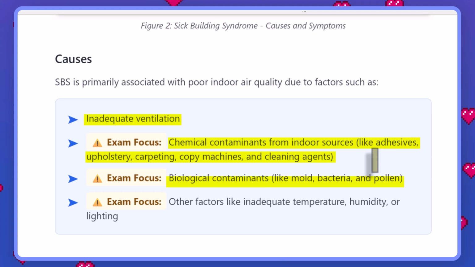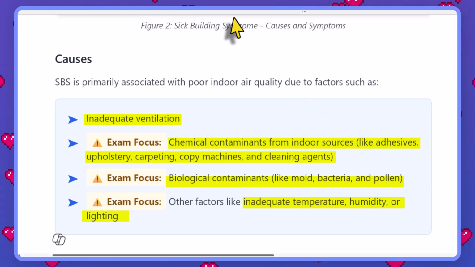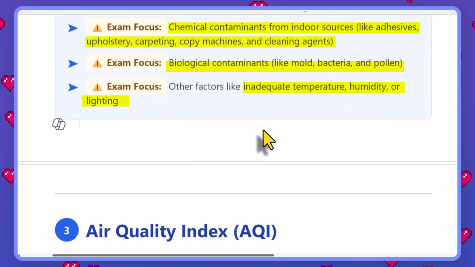Biological contaminants like mold, bacteria, and pollen further worsen indoor air quality and are frequently associated with SBS. In addition, other physical factors such as improper temperature, unsuitable humidity levels, and poor lighting conditions can also trigger or intensify sick building syndrome, another exam-tested observation.